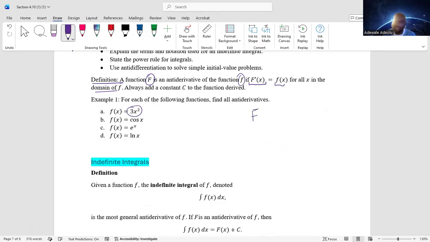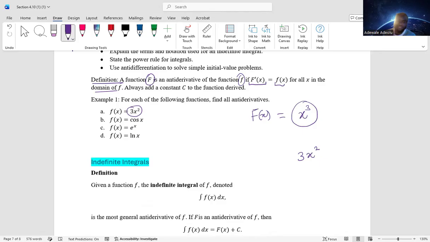Well, maybe you're already thinking that if we take the derivative of something like this, x cubed, then what are we going to get? We'll get 3x squared, right?